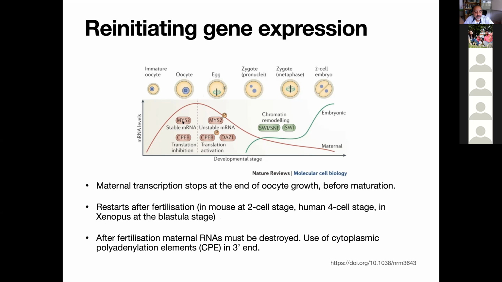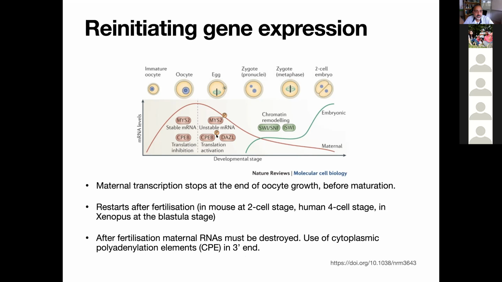How is this working? Once zygotic transcription starts, the maternal RNA must be destroyed as well. It seems that all maternal RNAs stored in the oocyte have particular sequences in the mRNAs, called cytoplasmic polyadenylation elements.